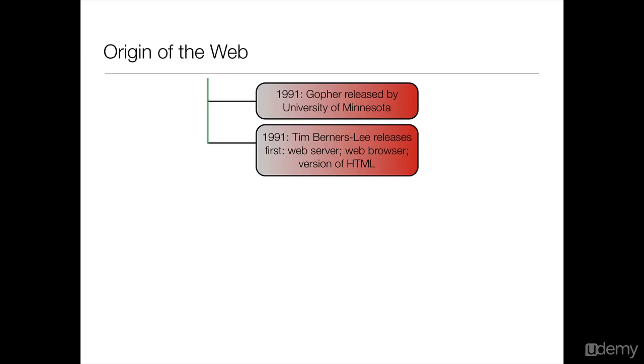Within the USA, for educational purposes primarily, Gopher was released by the University of Minnesota, and clients for Gopher were developed by a number of organizations, and it was used both within the USA and Europe and the rest of the world, and indeed still exists. You can still find clients for Gopher and ways of getting standard web browsers to use Gopher services, to access Gopher servers.